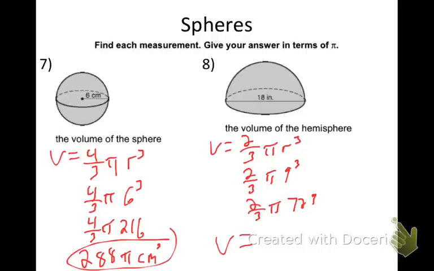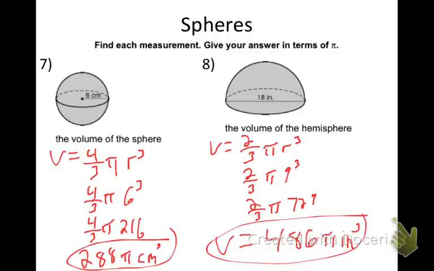Well, divide it out. So what's the final answer come out to actually be? 486 pi inches cubed.